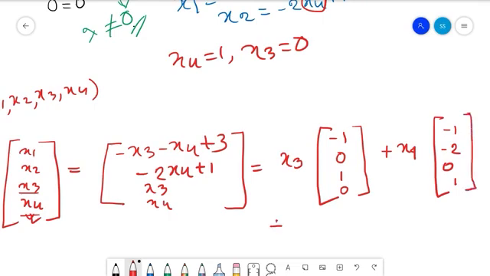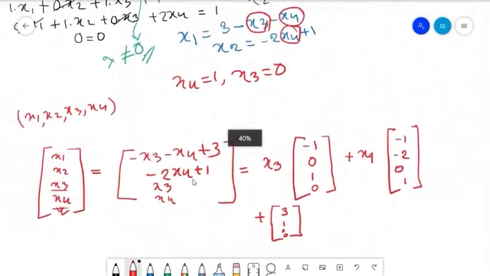So this is nothing but just a decomposition. And finally we write the numerical part, that is 3, 1, 0, 0. And as you can see, the whole solution is written in terms of x3 and x4.